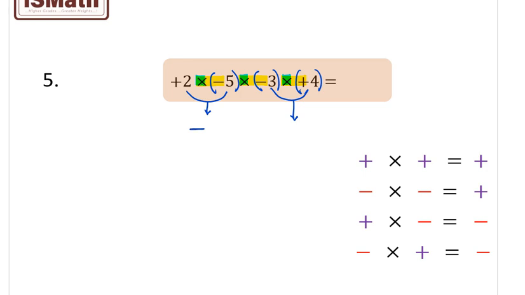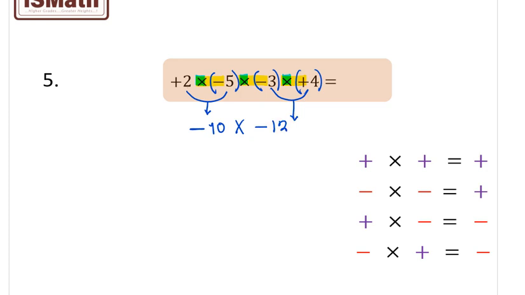Then 2 times 5 will give us 10. The other one, of course, we have this multiplication sign dropped down, and then we have minus 3 times plus 4. So minus times plus will give us minus again, and then we have 3 times 4 to give you 12. So I've reduced these to minus 10 and these two to minus 12.